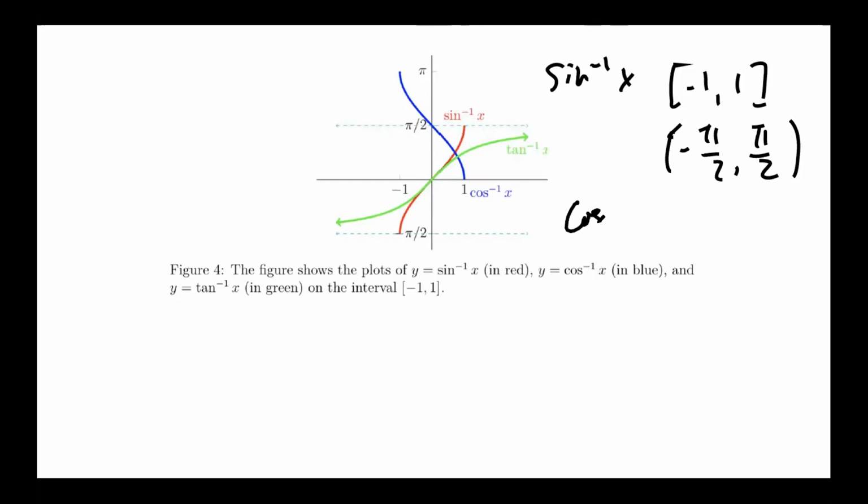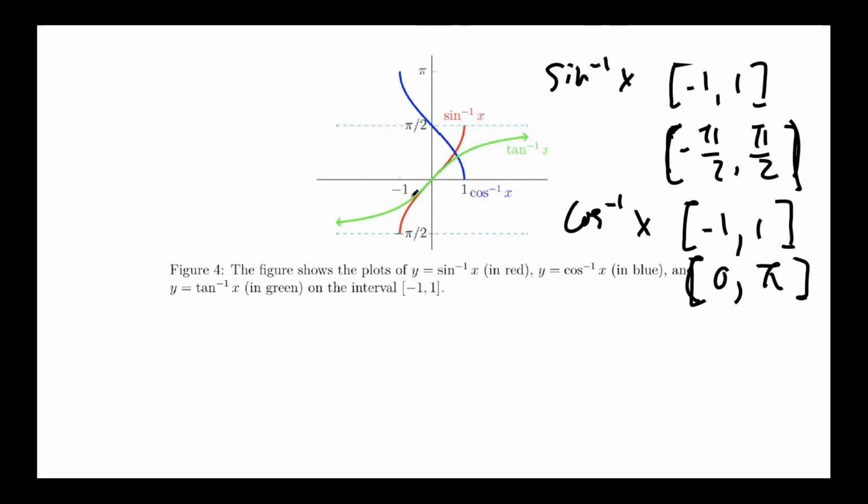The cosine inverse of x also has domain -1 to 1, but its range will be different. Instead of like sine, it will be 0 to pi.